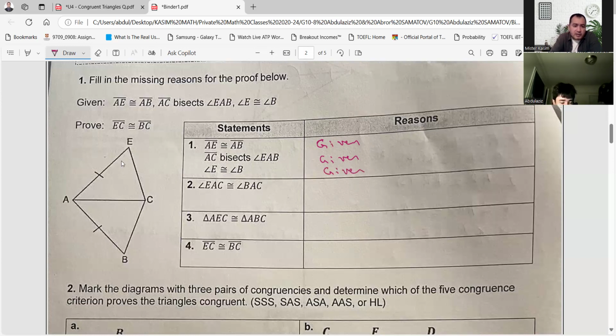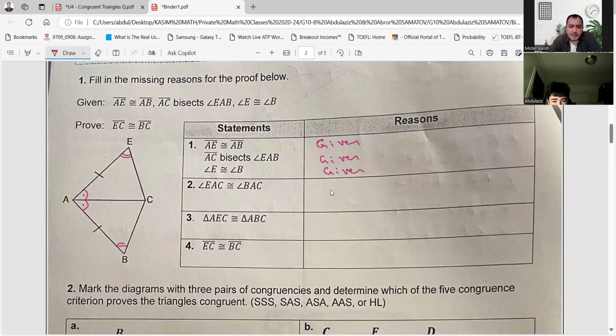Now let's have a look. AE is congruent to AB. AC bisects EAB, so this angle is congruent to this angle, also given. And angle E is congruent to angle B, also given. Now angle EAC is congruent to angle BAC.